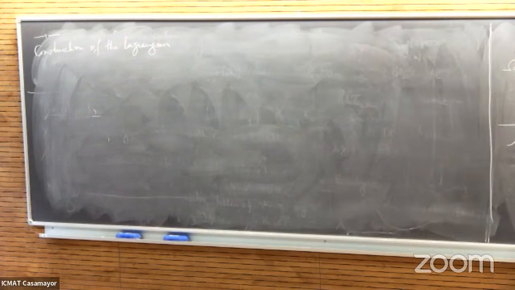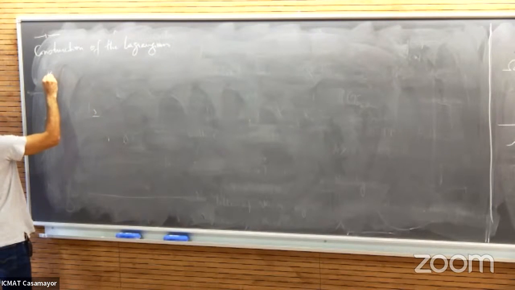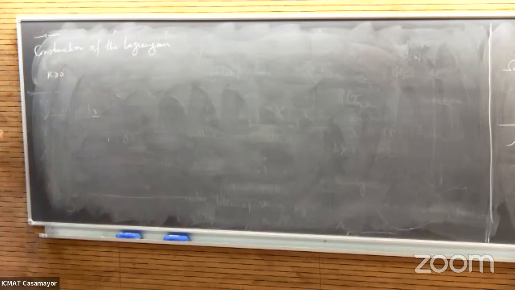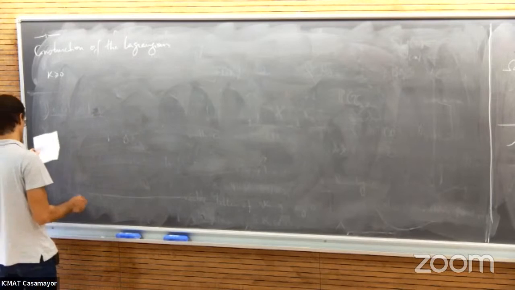Right, so now take k, a positive integer. I'm going to allow it to be 0 also, even though that's going to be a degenerate case.